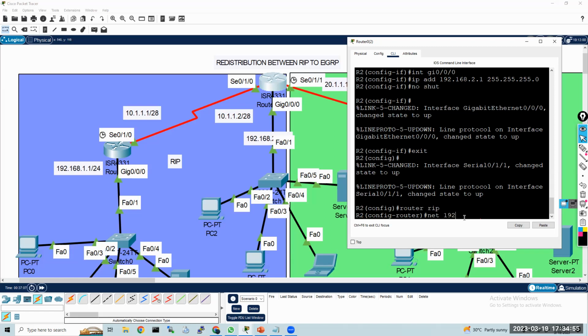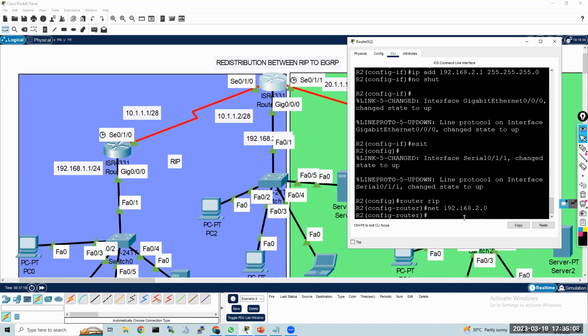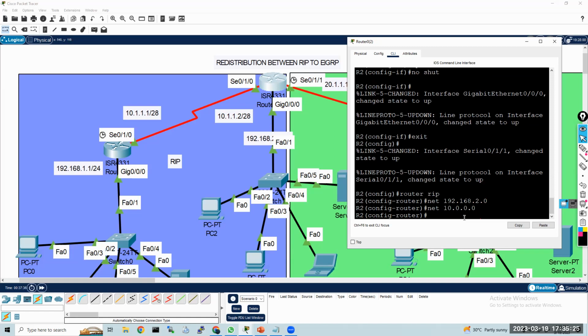The 10.0, okay. That's 2, right? The 168 one. 192.168.2.0 and then the 10.0.0.0, and then there is 20.